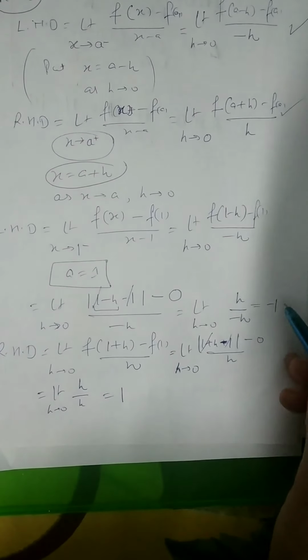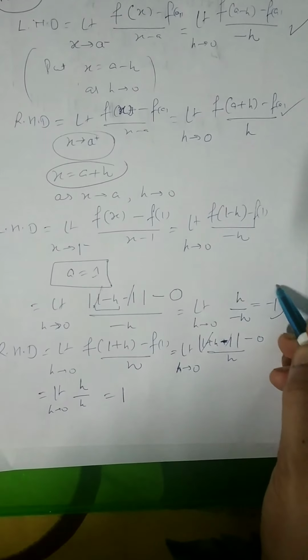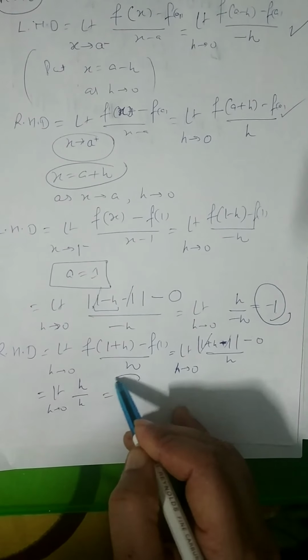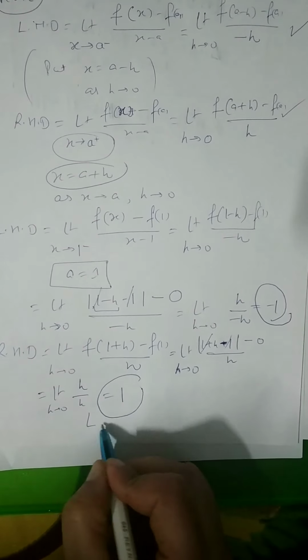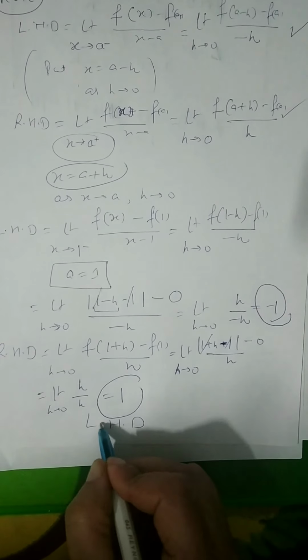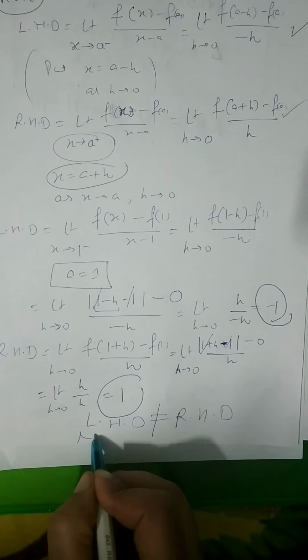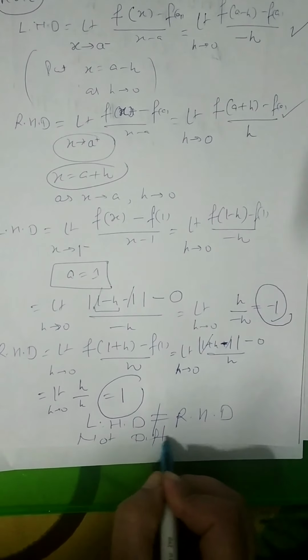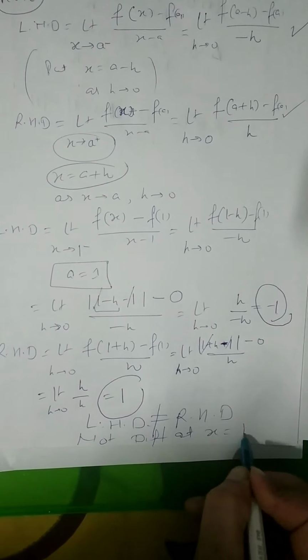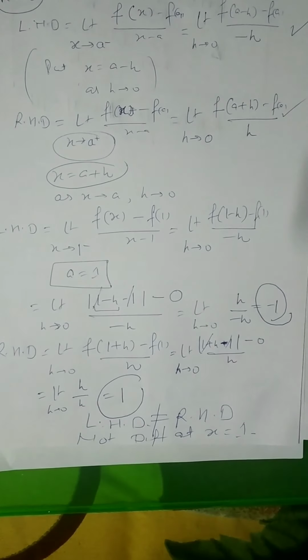You can see the left hand derivative is -1 whereas the right hand derivative is 1. They are not equal, therefore the function is not differentiable at x = 1.